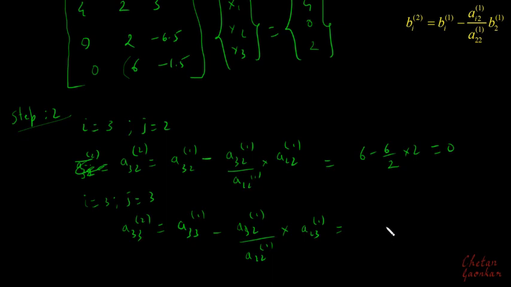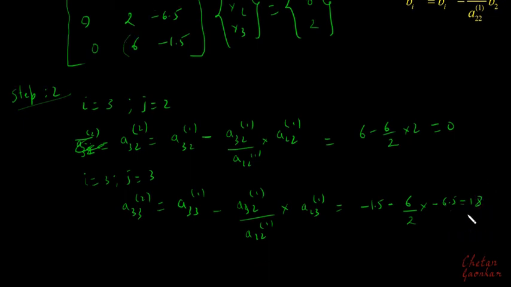Here 1 stands for after step 1 values, and 2 stands for after step 2 values. So this will be a33 of 1, the old value of a33, which is minus 1.5, minus a32 of 1, which is 6, divided by a22 of 1, which is 2, multiplied by a23, which is minus 6.5, and this will be equal to 18.